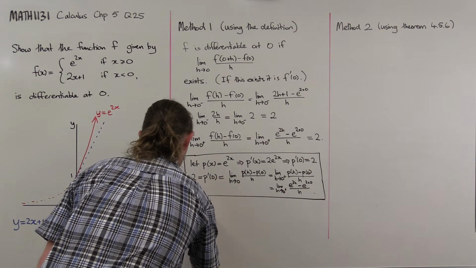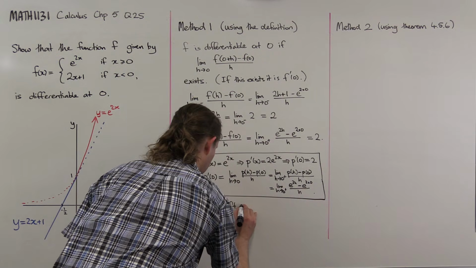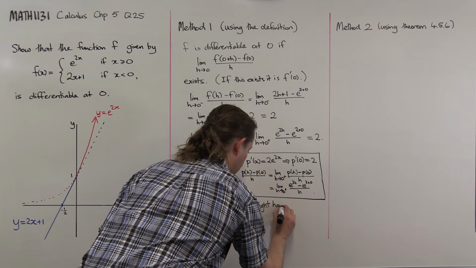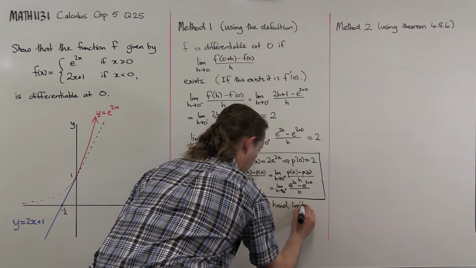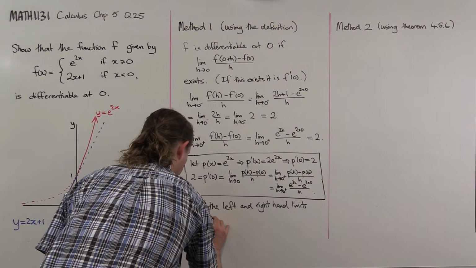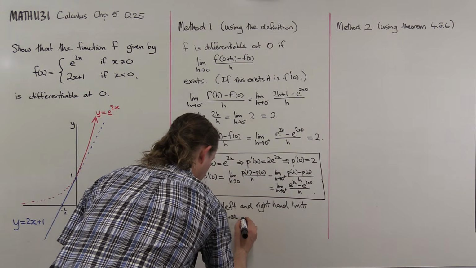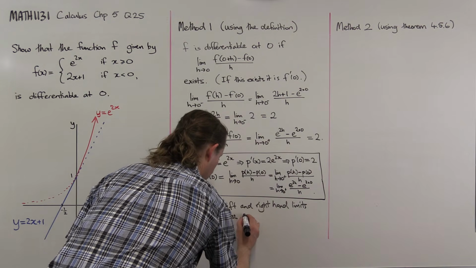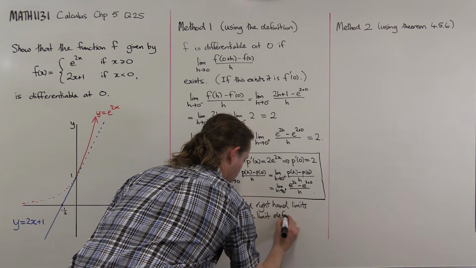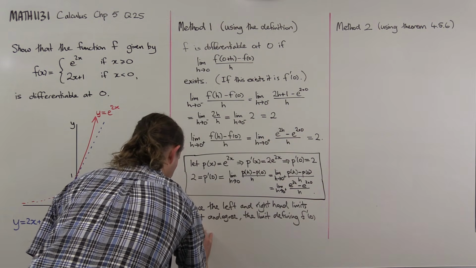Okay, so since the left and right hand limits exist and agree, the limit defining f dashed of 0 exists.